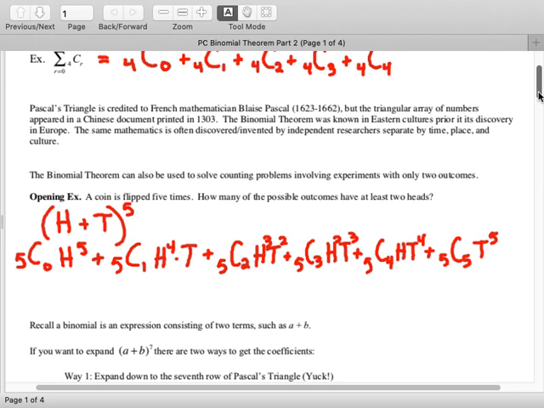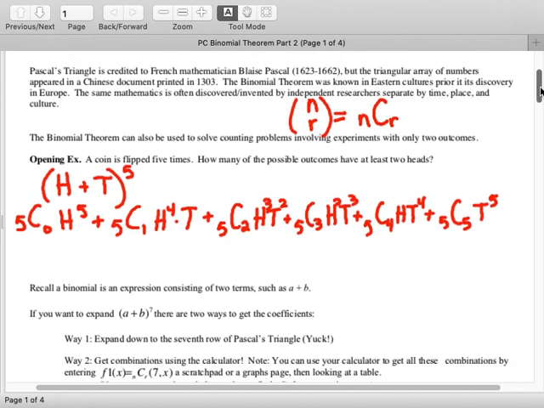Do you remember that n choose r is the same thing as nCr? Those are in fact equivalent notations. So our question here: a coin is flipped 5 times. How many of the possible outcomes have at least 2 heads? Well, let me finish this. So this is 1 times h to the 5th.